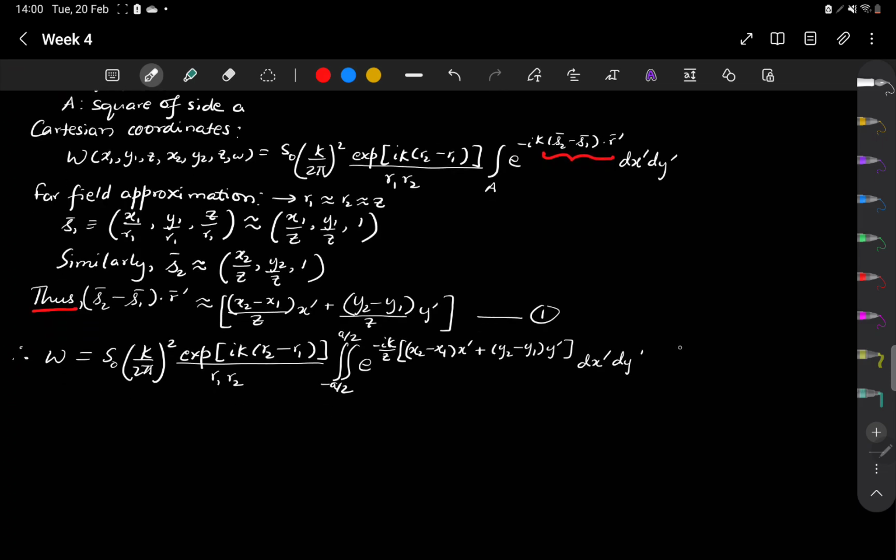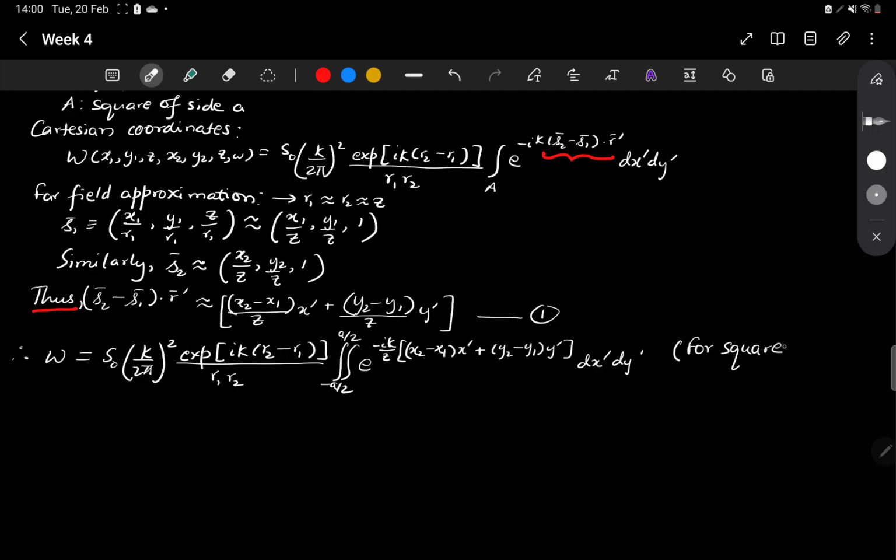This is because of the limits we have put. For a square aperture, which is centered at origin, the limits of integration will be from minus a by 2 to plus a by 2 for both x prime and y prime coordinates.